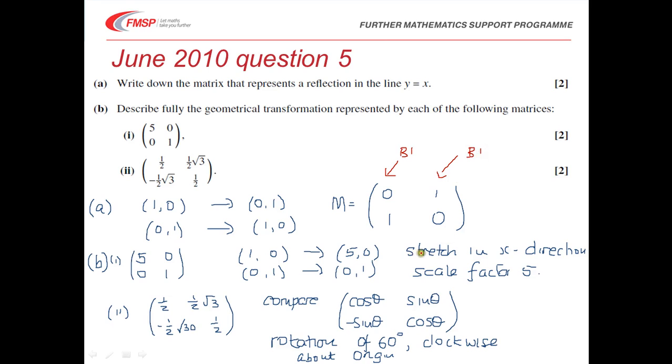In part B, the first part, you got 1 mark for being a stretch and 1 mark for the fact that it was in the x direction. So you needed all of those bits of information. And then for the next part, seeing that it was a rotation of 60 gave you a mark, and that it was clockwise also gave you a mark.